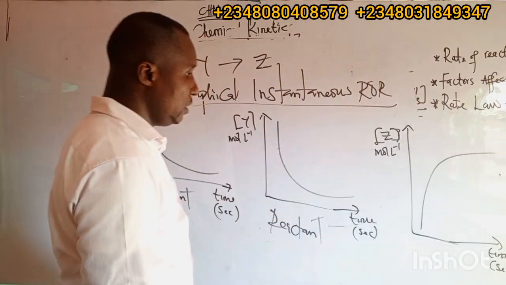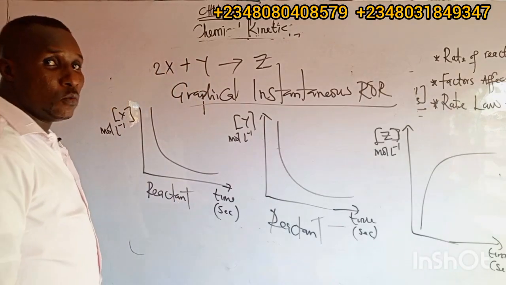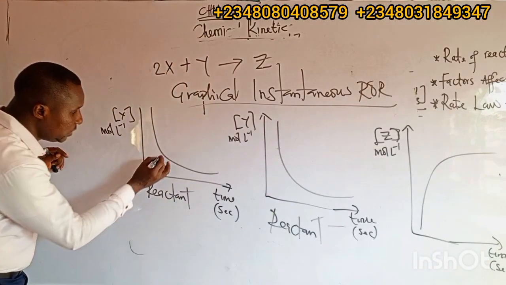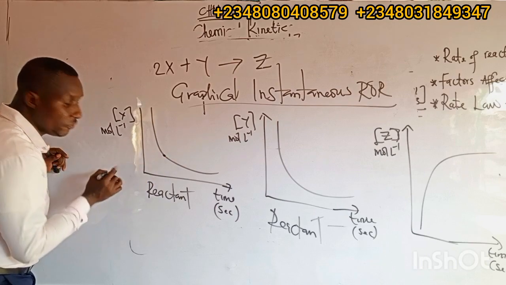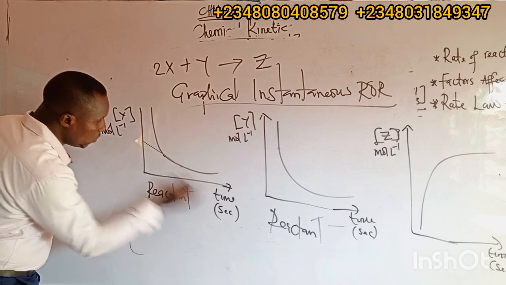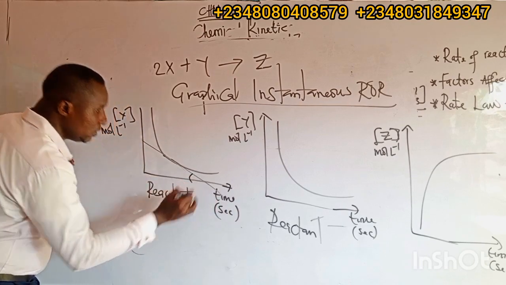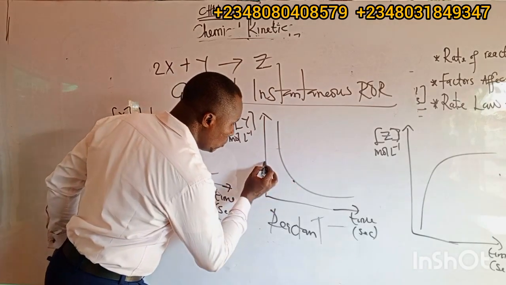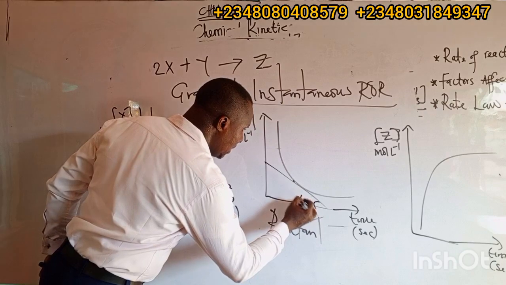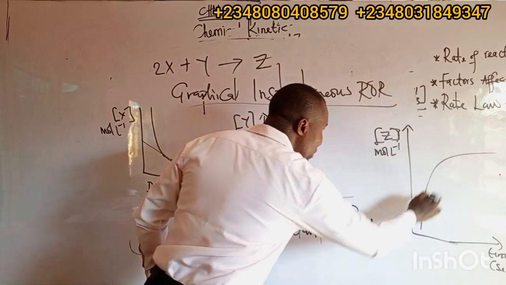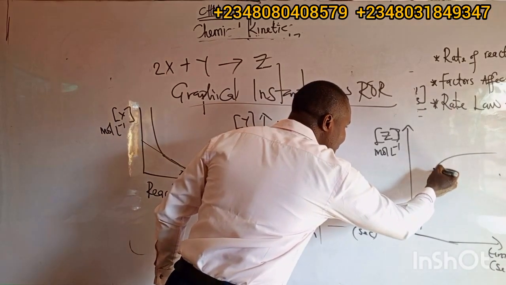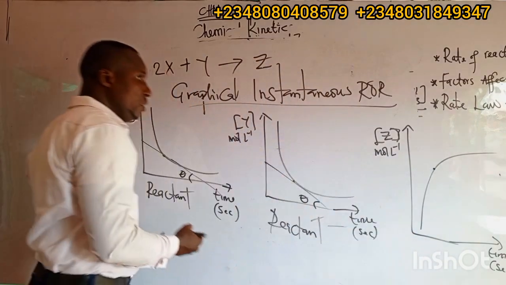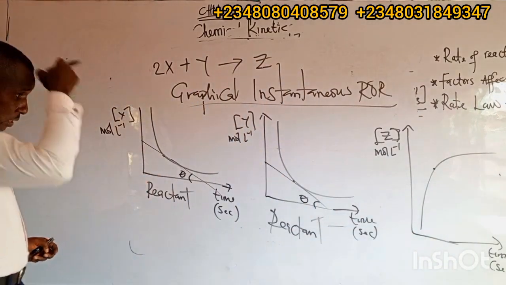It's increasing in concentration. Then what is the slope at this point, at this instant of time? You can have the slope like this, which is tan theta. You extend the tangent at this particular point in time. Okay, let me take note of this: the slope.